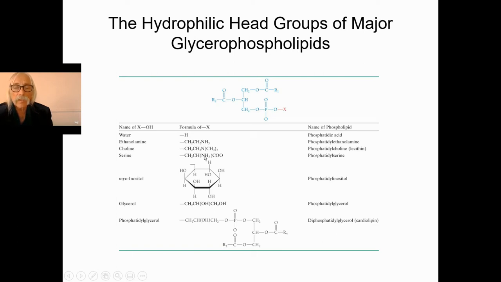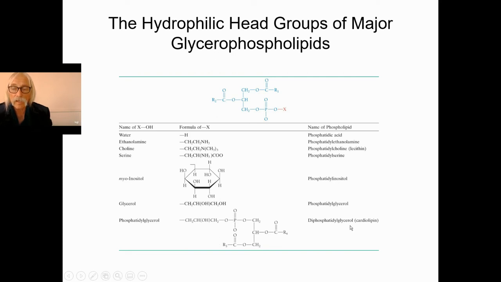Right? See, choline is nothing more than trimethylated ethanolamine. Those methyl groups, by the way, come from S-adenosylmethionine through folic acid metabolism. So sulfur metabolism and folic acid metabolism link up to phospholipid biosynthesis. And we've talked about this in the past. Now, this diphosphatidylglycerol has a glycerol on both ends here, you see.